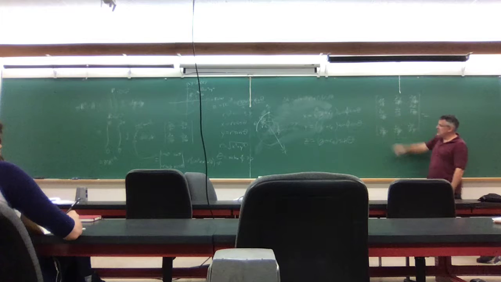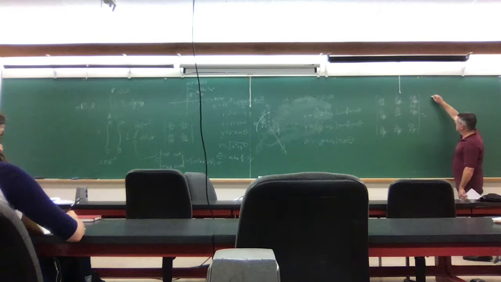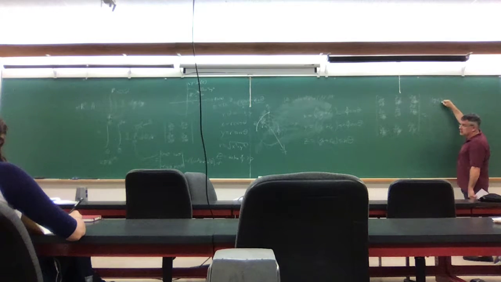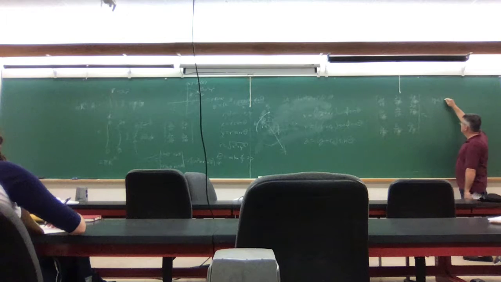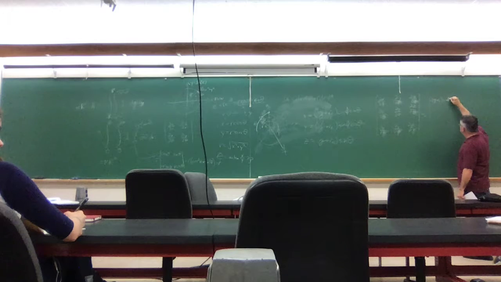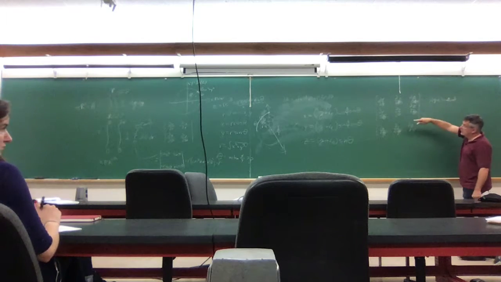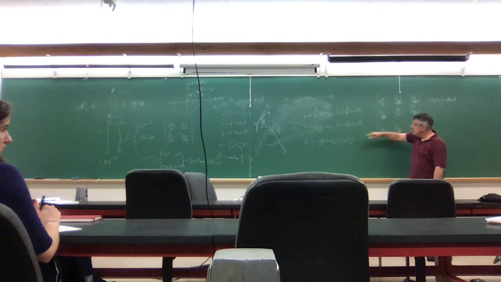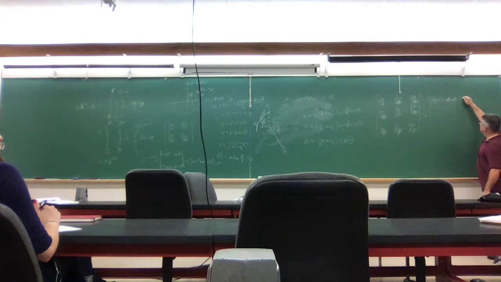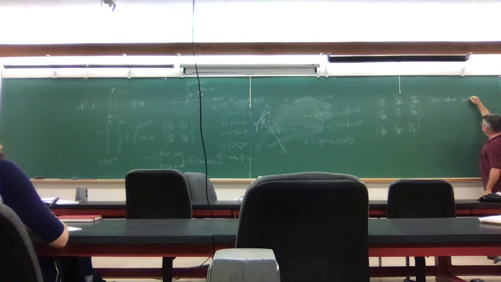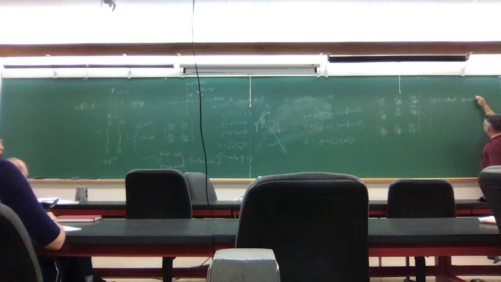So what's dx d phi? It's z plus RE, d phi, cosine minus sine cosine theta.